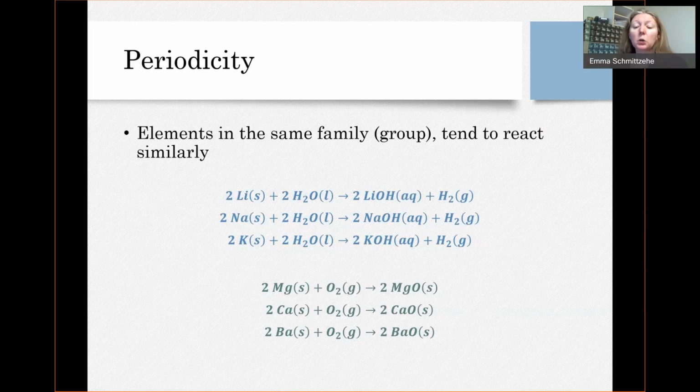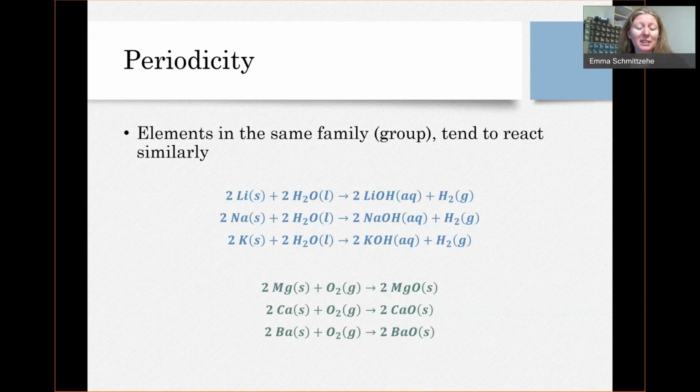Okay, and so essentially, if you have the reaction related to one element, you could pretty much assume that you could swap out anything else in that group and you're going to have a similar reaction or the same type of reaction occur. Okay, and so it's not perfect, but sometimes that can be helpful, especially if you don't want to go and try to perform the experiment to see if it happens, okay?